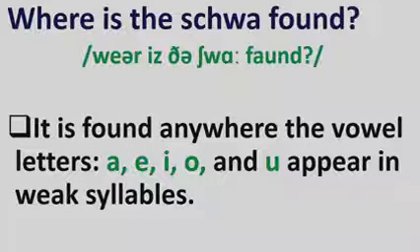Where is the schwa found? Where do we find it in words? It is found anywhere the vowel letters A, E, I, O, and U appear in weak syllables. When you see these letters where they are meant to be pronounced on a low pitch, they become the schwa. You handle them like the schwa.